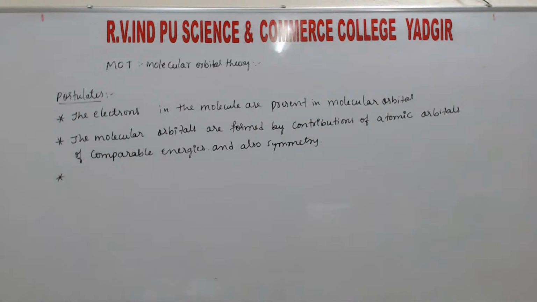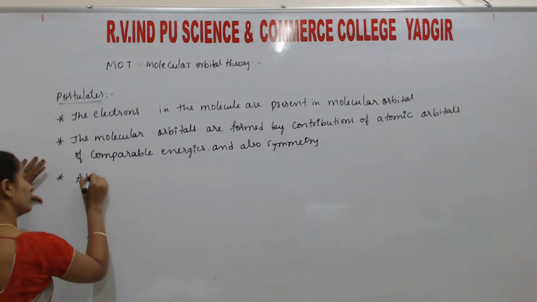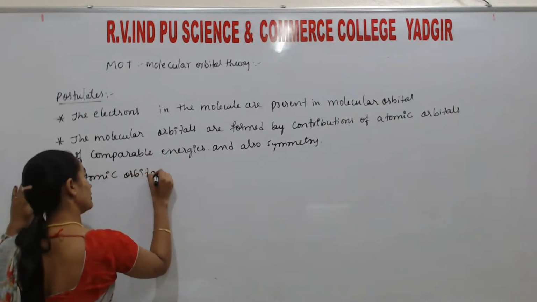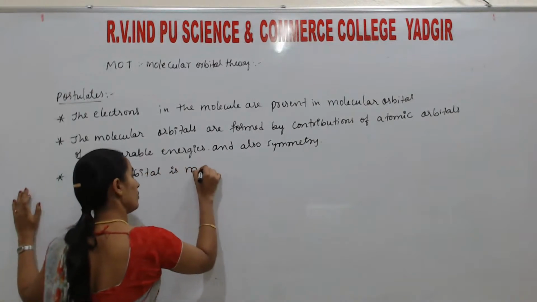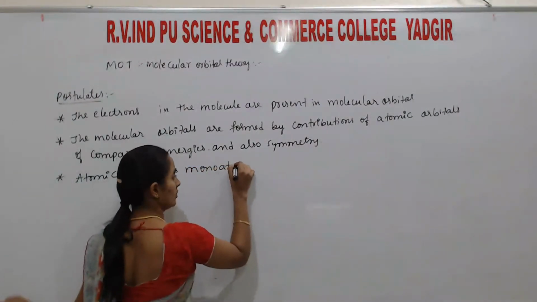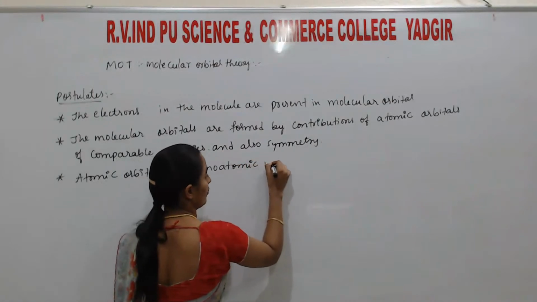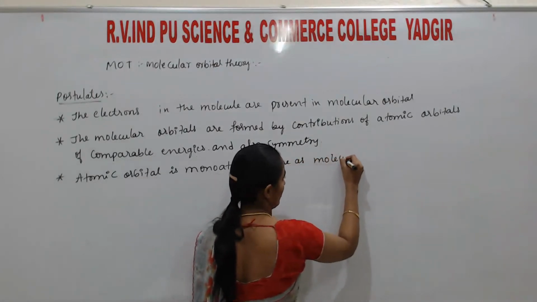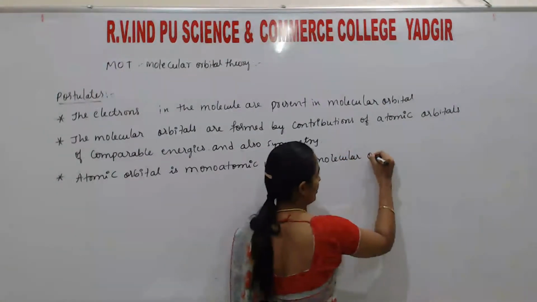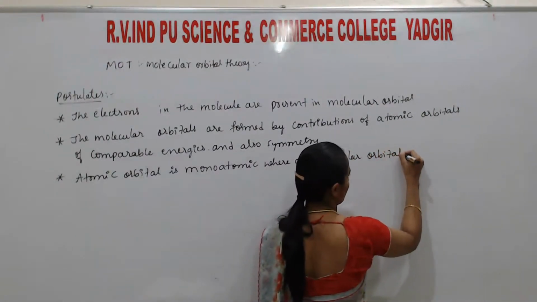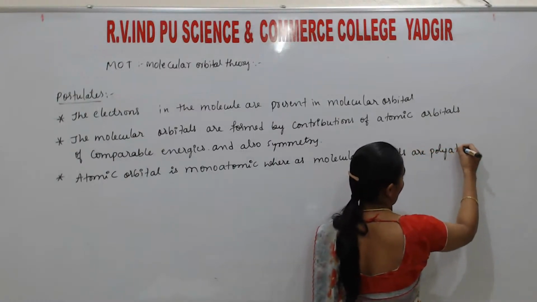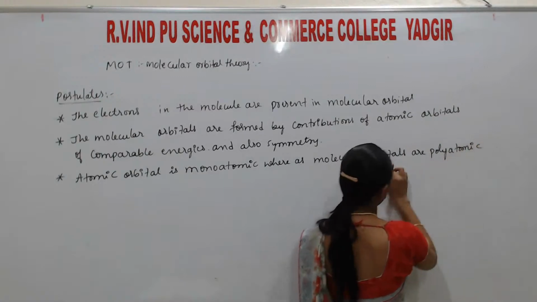Third one is: atomic orbital is monoatomic, whereas molecular orbitals are polyatomic.